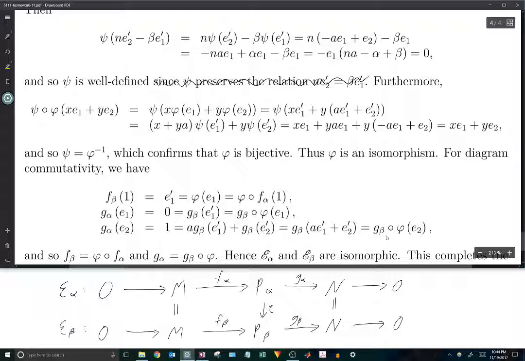So g beta of phi of e2 is g beta of ae1 prime plus e2 prime, because that's what phi does. And then that is equal to, well, g beta of e1 prime is 0, so this term will drop out, so all we're left with is, oh, no, I lied. So this is going to become a g beta e1 prime plus g beta e2 prime. Oh, but yeah, now this term will drop out because g beta e1 prime is 0, and then g beta e2 prime is 1.